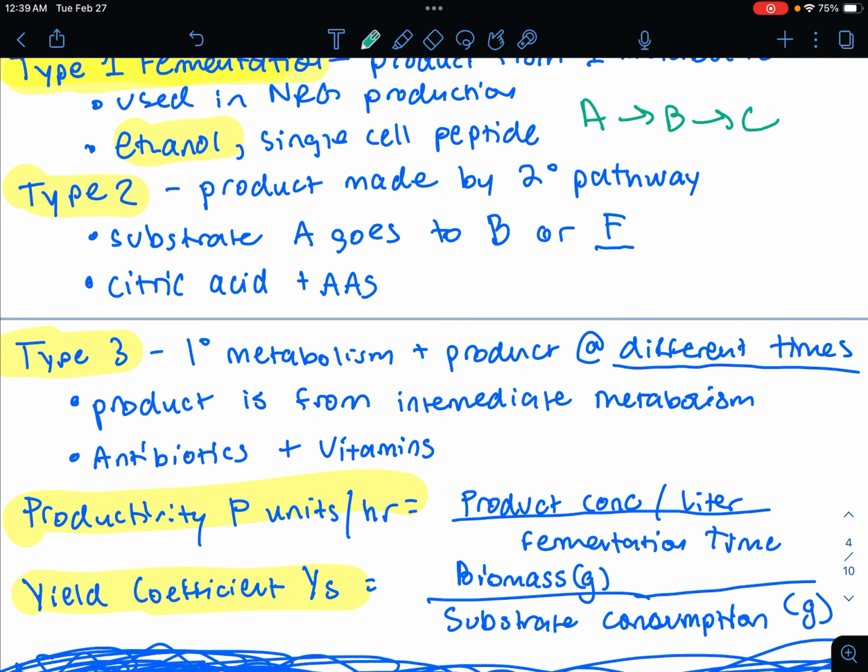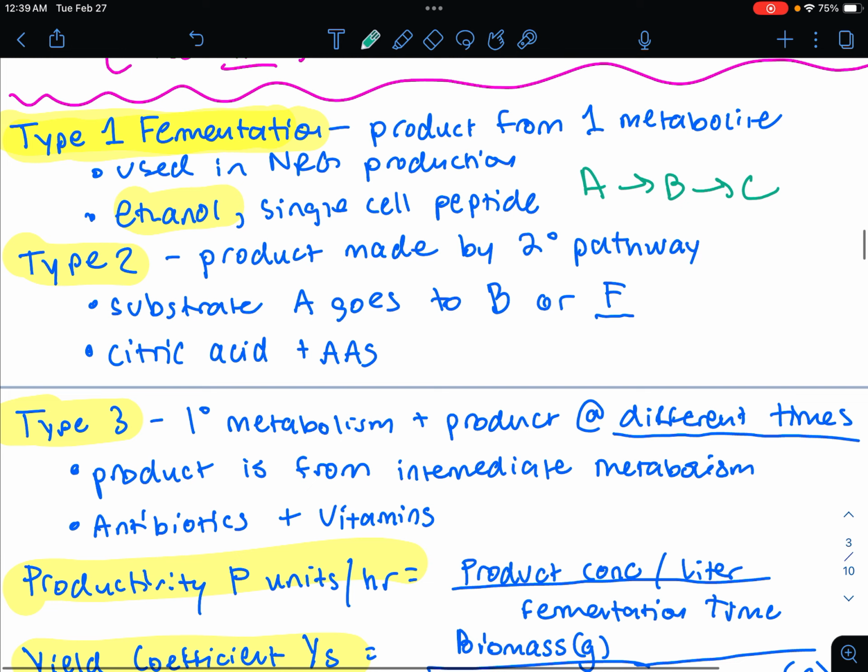Okay, type 2, let's see its difference to type 1. In type 2 fermentation, the substrate is still used for primary energy production. However, the product is produced by a secondary pathway which is separated from the primary. So an example of this would be our A, B, C. However, A could also go to E, and then that could go to our product.